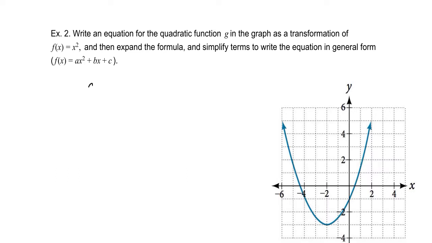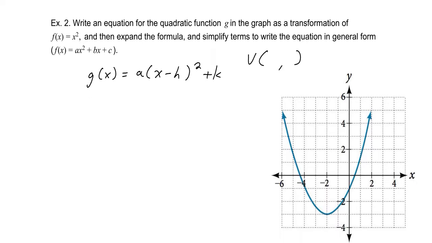Let's call this g of x. Now we want to write this in the form a times x minus h squared plus k. If we can identify the vertex, then we've already found h and k. And it appears this function is shifted to the left 2 and down 3, making our vertex negative 2, negative 3.